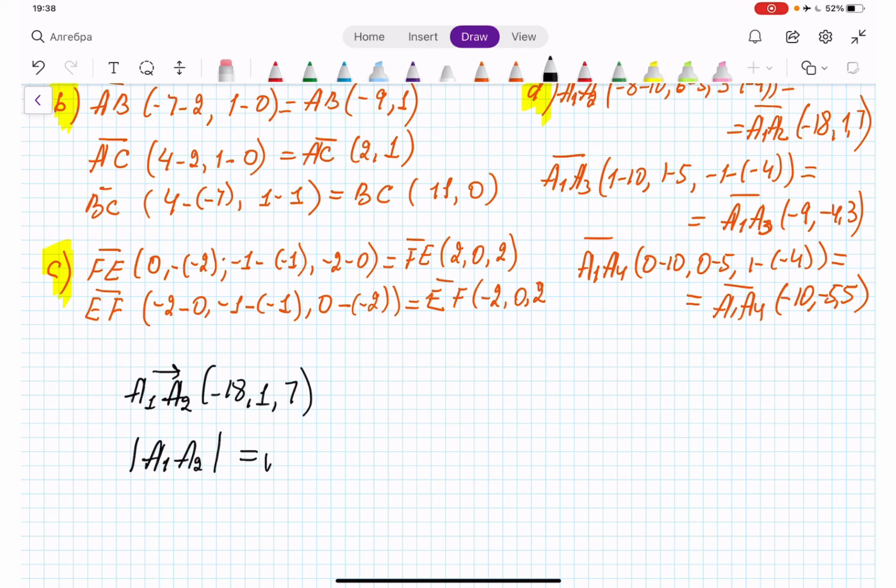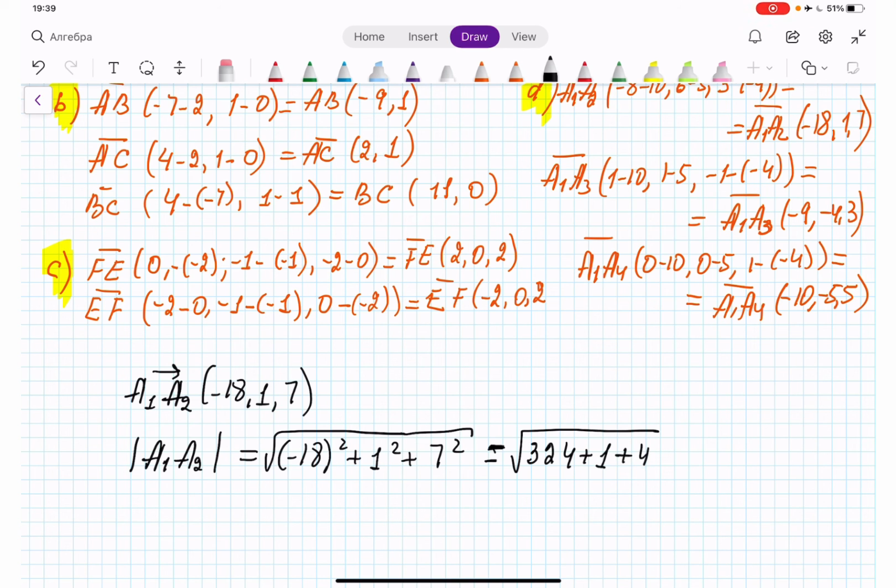So it's the square root of negative 18 squared plus 1 squared plus 7 squared. 18 times 18 is 324, plus 1 is 325, plus 49, we get 374.